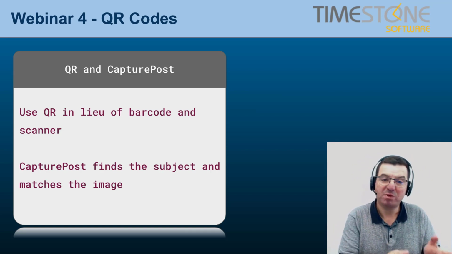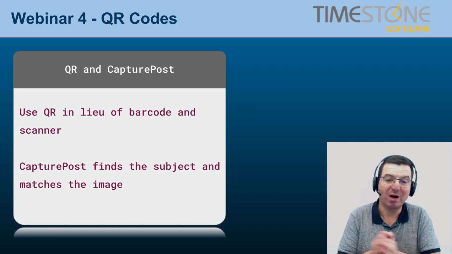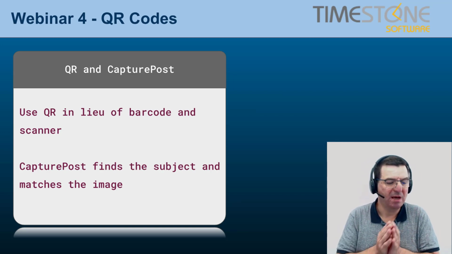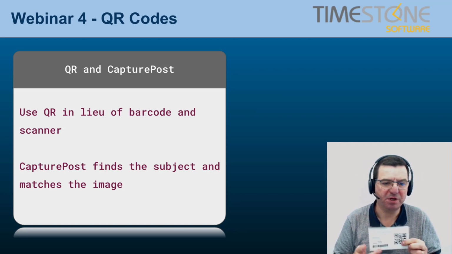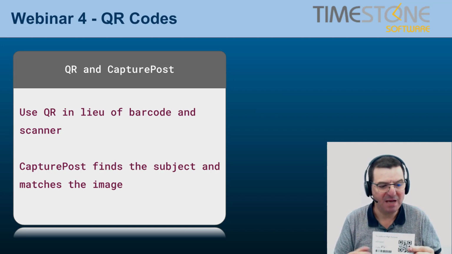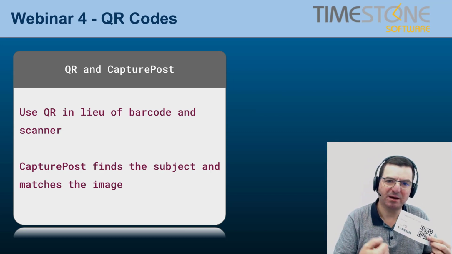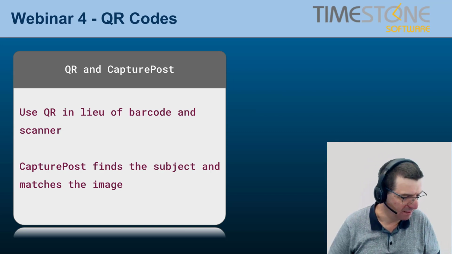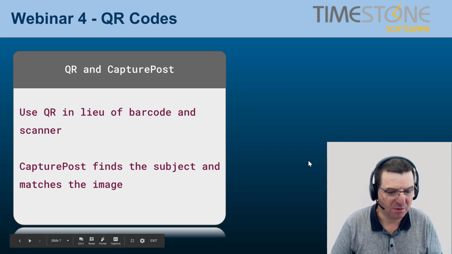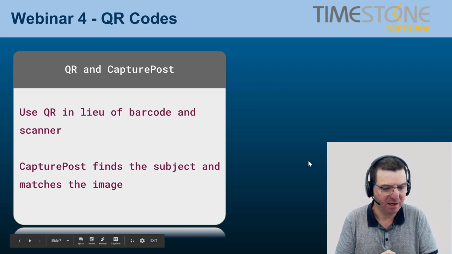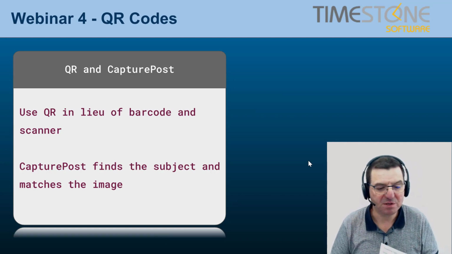That said, some people are doing both. They're using QRs with CapturePost, and they use the QR shoot card as an alternative to a barcode scanner and scanning the barcode. So let me show you how that works in a sec. I'll describe it first.